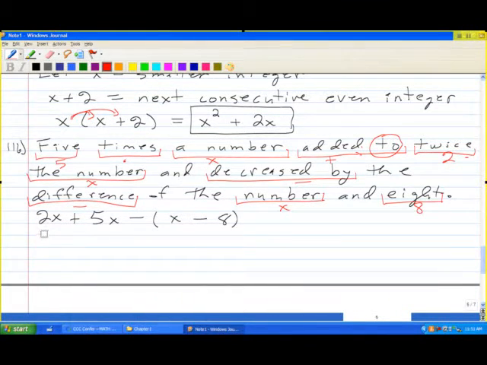So there was this 2x here, and we added to it the 5x. It reverses the order in which you wrote the addition, but addition is commutative, so it really doesn't make any difference. If you wrote 5x plus 2x, I'm not going to take any points off.